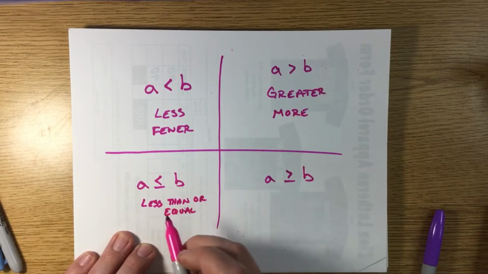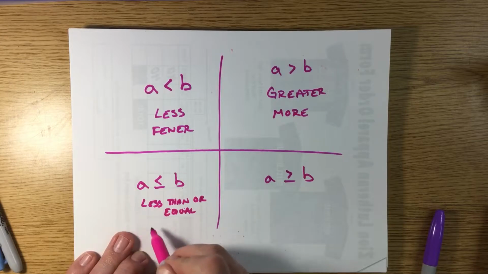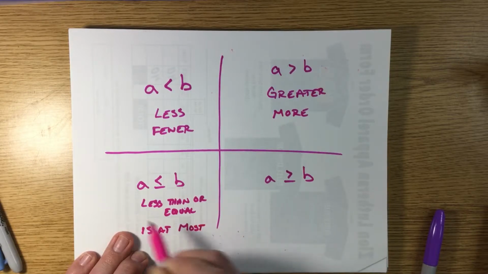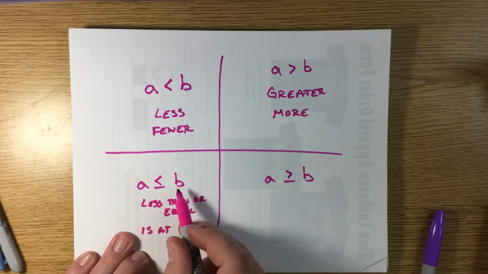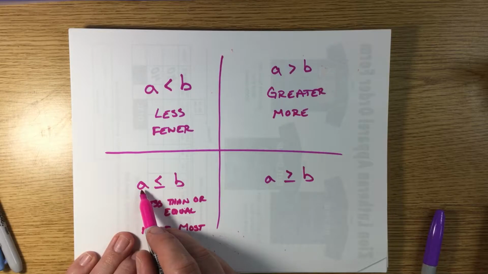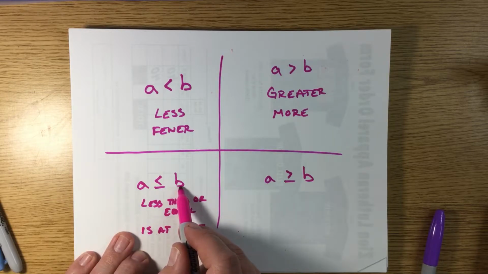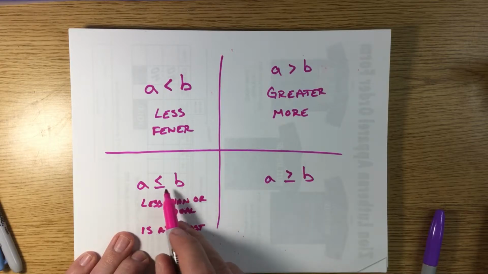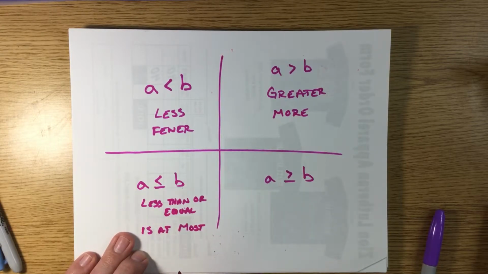We could say that A is at most. If you think about it, the most that A could be equal to is the same thing that B is equal to. It would have to be either less than or at most equal to it.